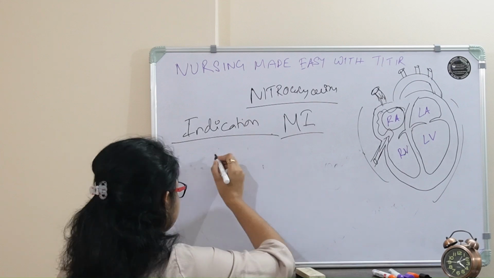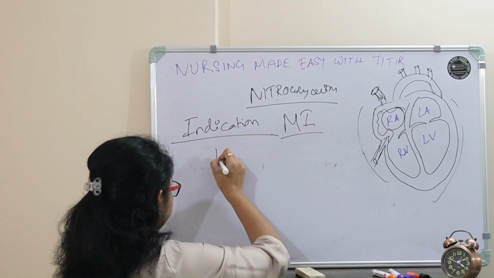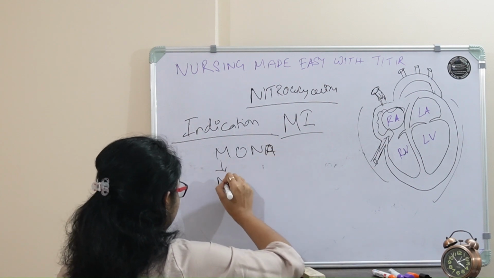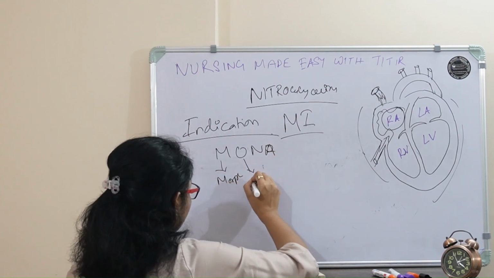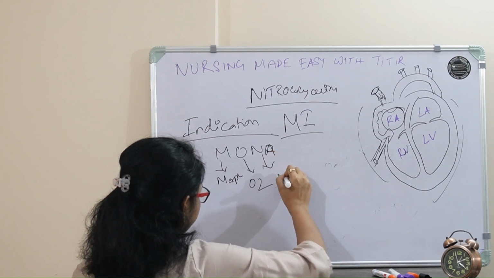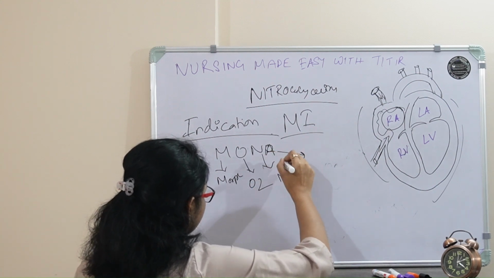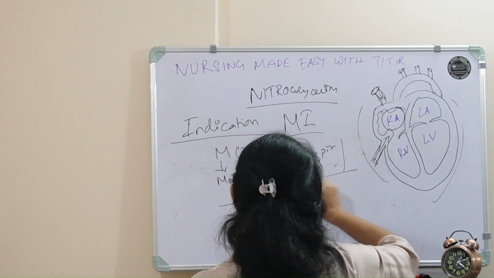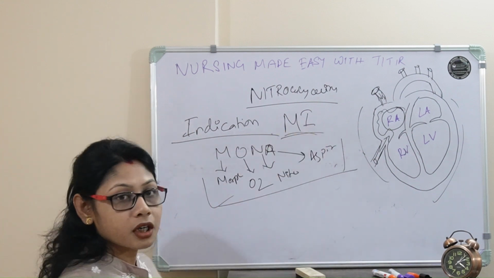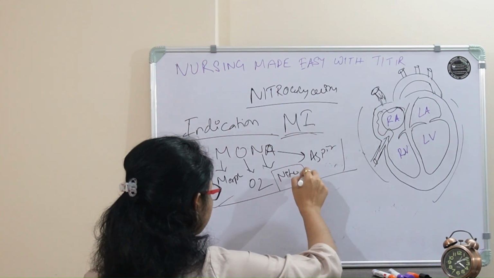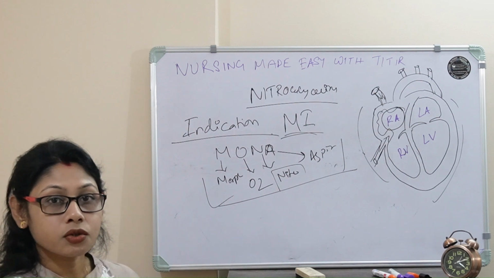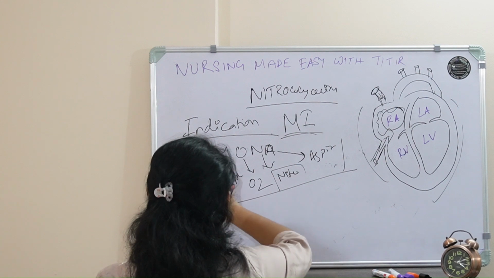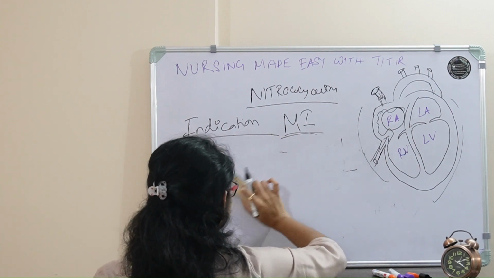In those cases we treat with M for morphine, O for oxygen, N for nitroglycerin, and A for aspirin. These are the 4 important drugs to treat myocardial infarction, and that's how nitroglycerin became one of the important drugs, to reduce chest pain in such cases.